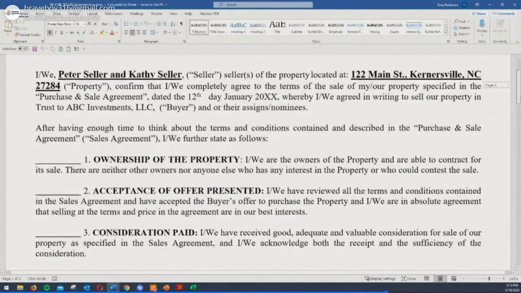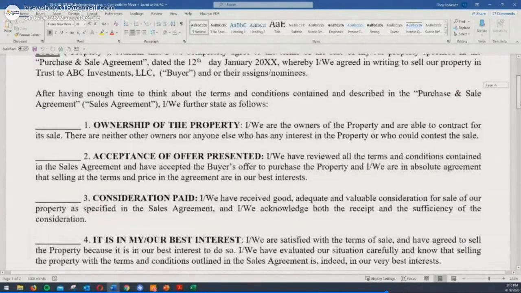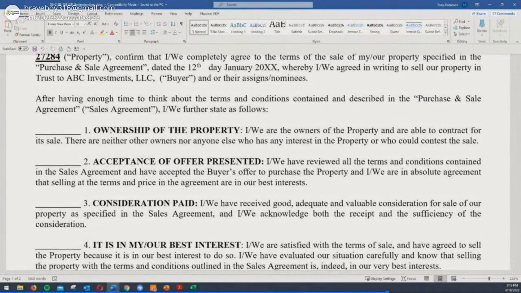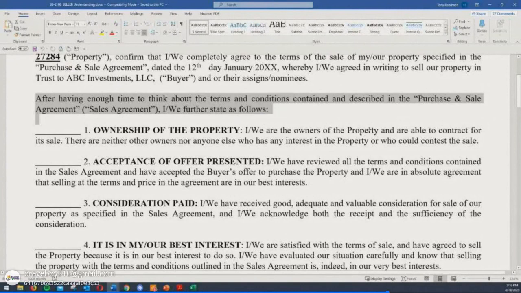So it has the seller's name on there. It says that they've reviewed this form, and after having enough time to think about the terms and conditions, they state the following. Guys, you make sure that they initial each and every one of these provisions.